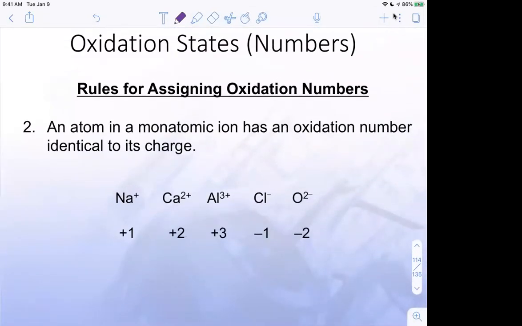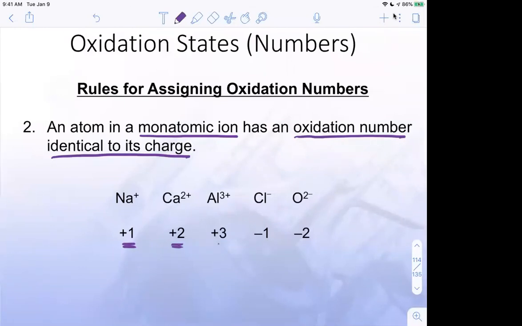Okay, rule 2. If I have an atom that is a monatomic ion in my compound, the oxidation number is identical to its charge. So the sodium ion, Na+, has an oxidation number of +1. Calcium has an oxidation number of +2.